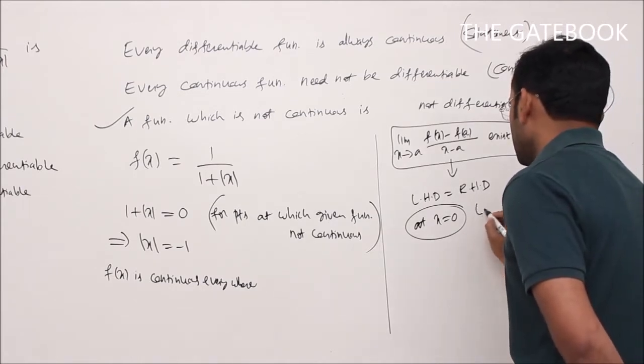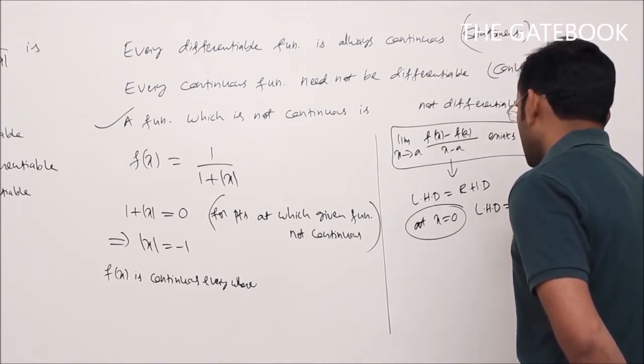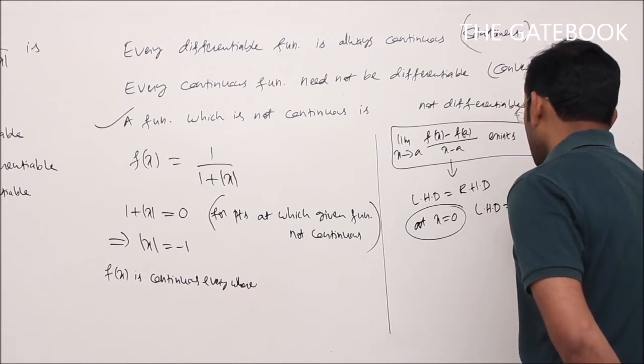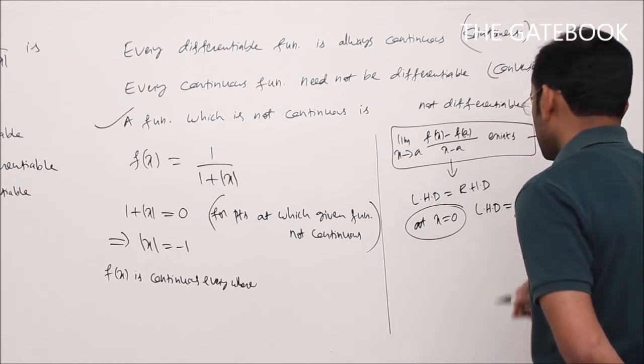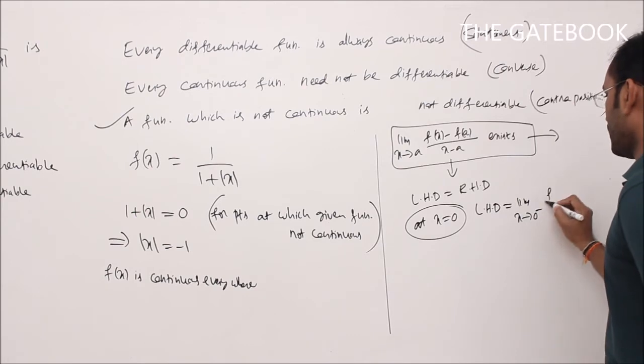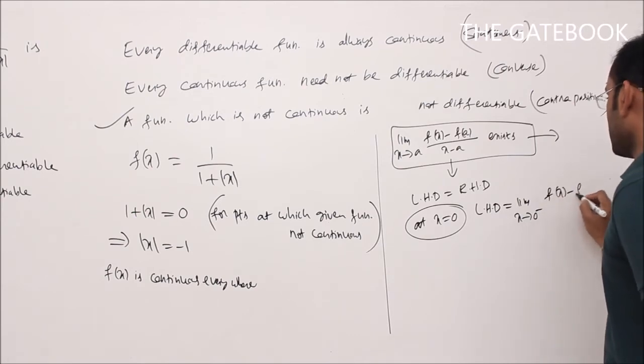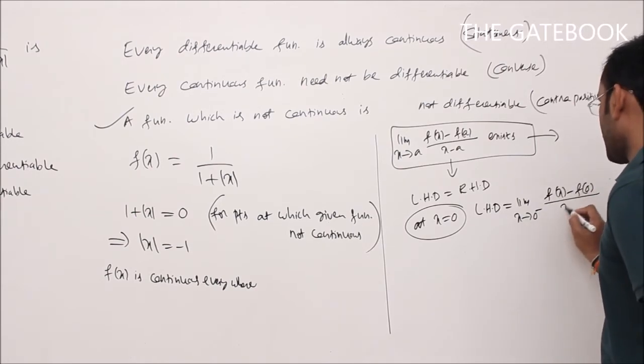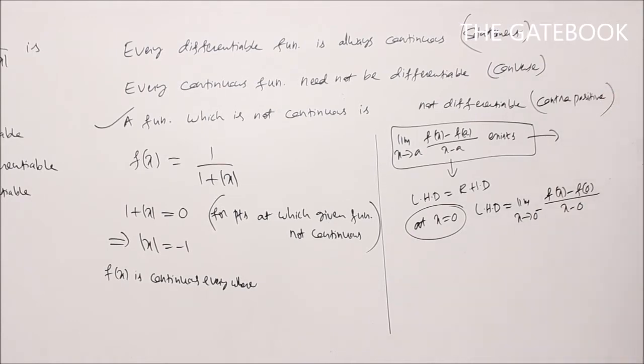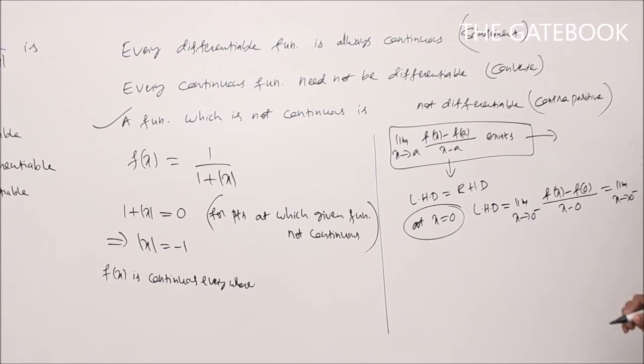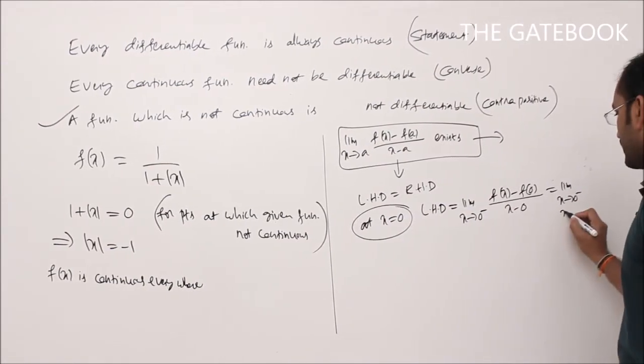Now LHD, the left hand derivative at x is equal to 0: limit x tends to 0 minus of f of x minus f of 0 by x minus 0. 0 minus means x value less than 0.